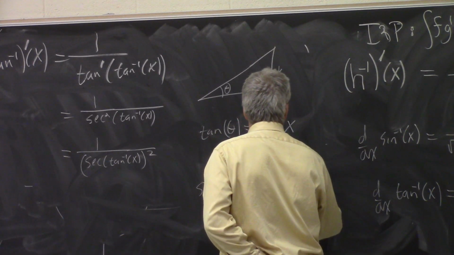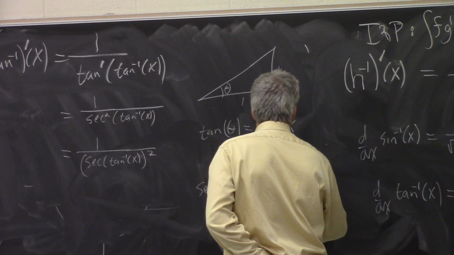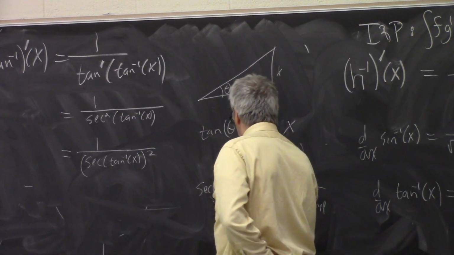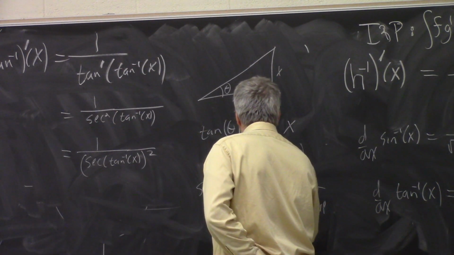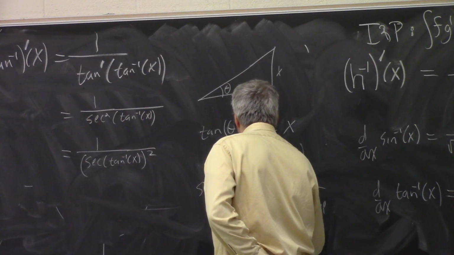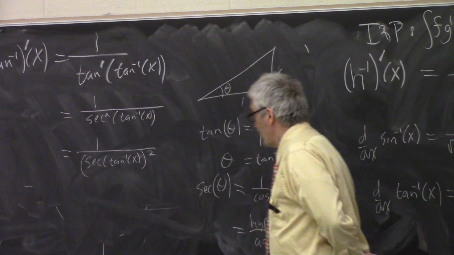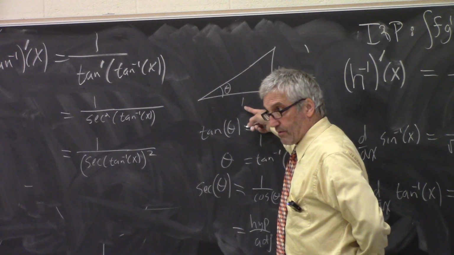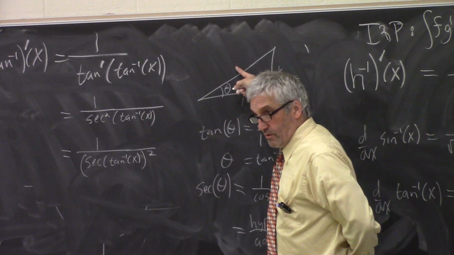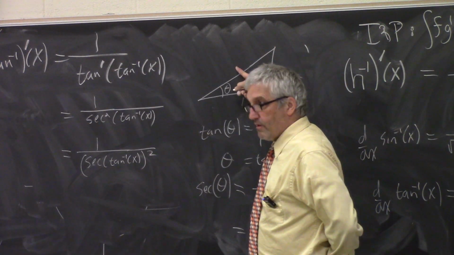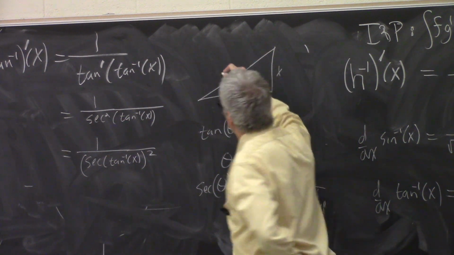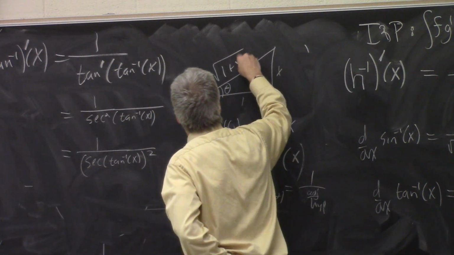So that's 1 over the adjacent over the hypotenuse. In other words, it's going to be the hypotenuse over the adjacent. So whatever that length is, divided by that length. What is this length? Marcy? Square root of 1 plus x squared.